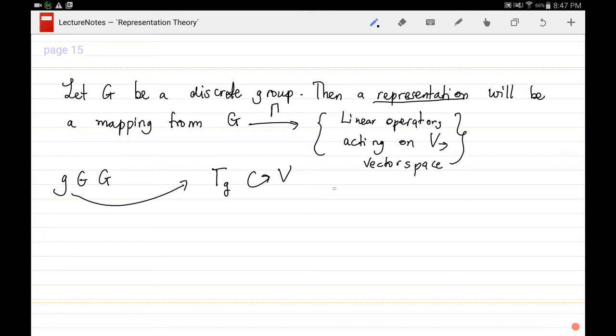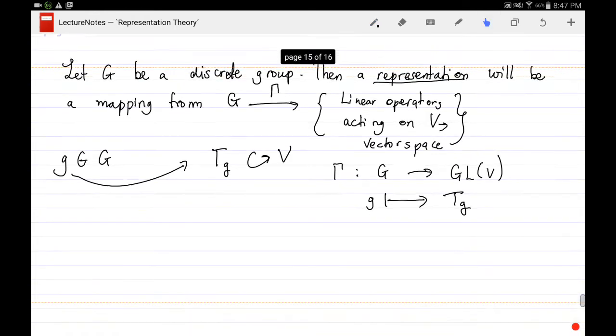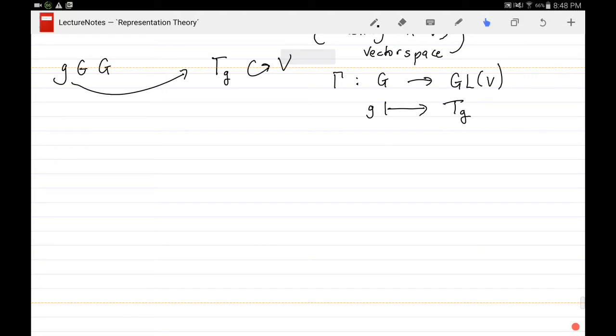Okay, so a bit more formally, we have representation gamma going to, let me call this L(V), linear operators acting on V, and it takes specifically g and produces some element T_g. Now, there's more to the definition of representation, but for now we'll simply stick with this.